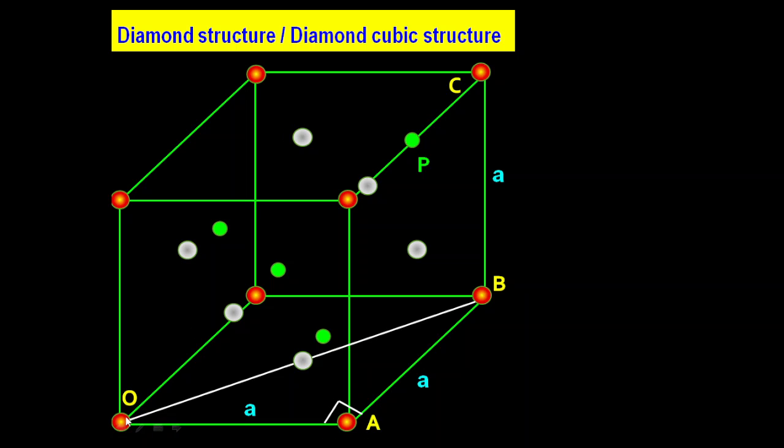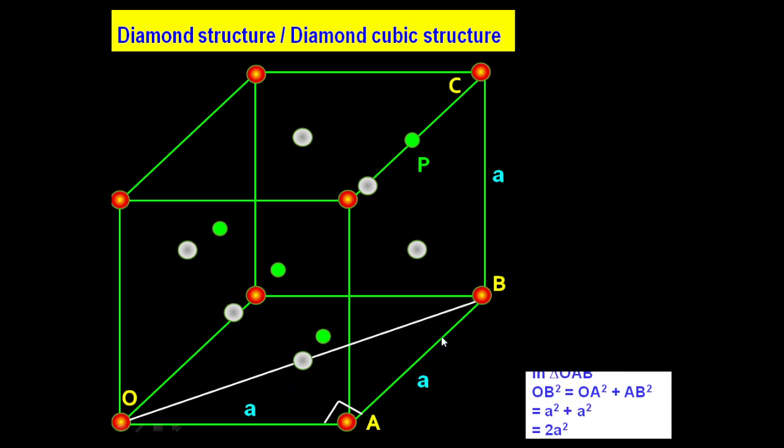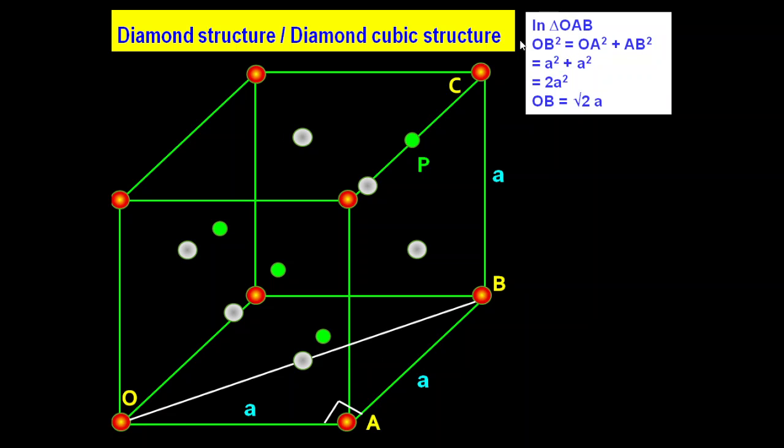We know OA and AB, so with the help of Pythagoras theorem in triangle OAB, OB square is equal to OA square plus AB square. OA is nothing but A, AB is nothing but A, so A square plus A square, twice A square. So the length of diagonal OB will be root 2 A.